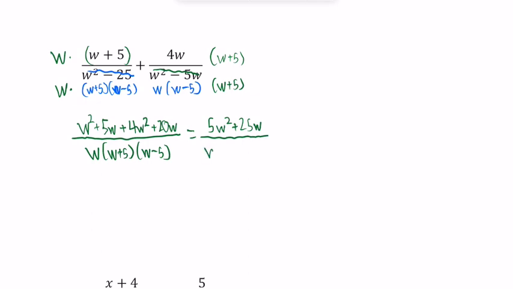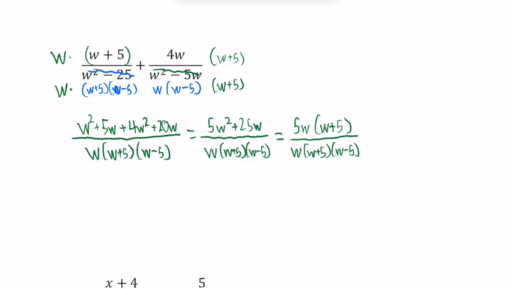In our denominator, we still have w times w plus 5 times w minus 5. To factor the numerator to see if we can reduce it, we factor out a greatest common factor of 5w, and we're left with 5w times w plus 5. In our denominator, for right now, we still have w times w plus 5 times w minus 5.